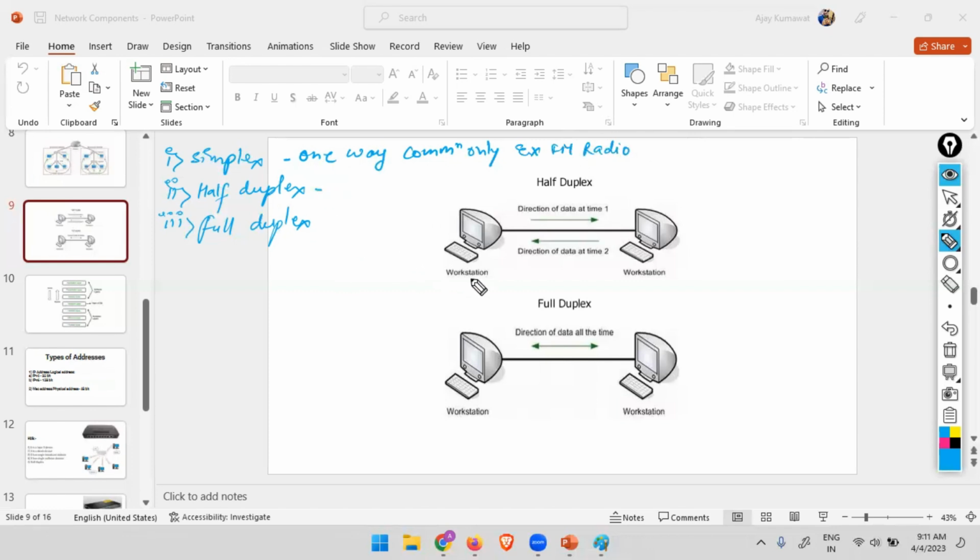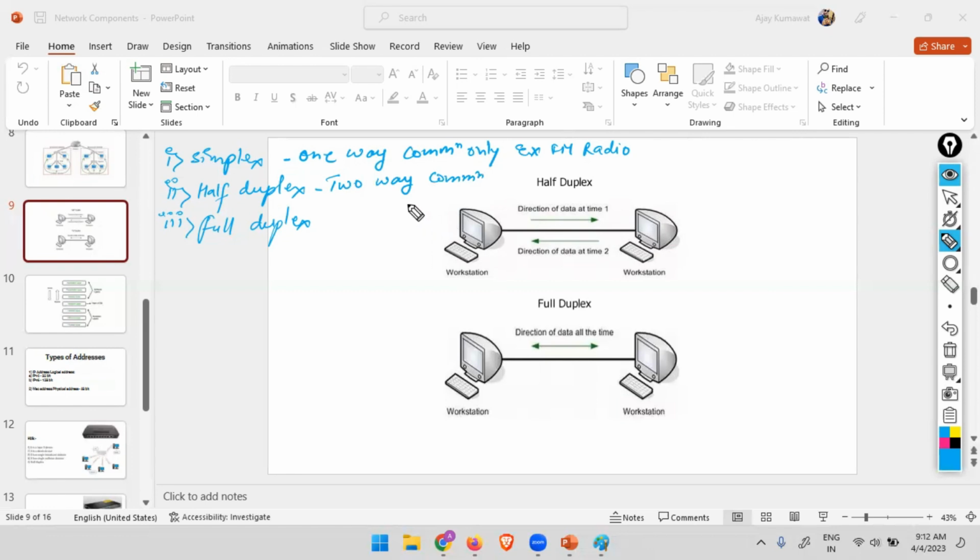Then half duplex. What is half duplex? In case of half duplex, we are going to have two-way communication. Example, your walkie-talkie. In case of half duplex, we have two-way communication, but there is a problem.